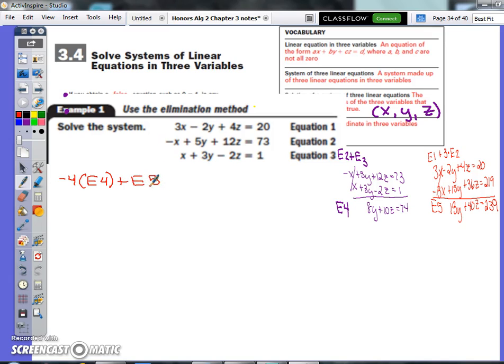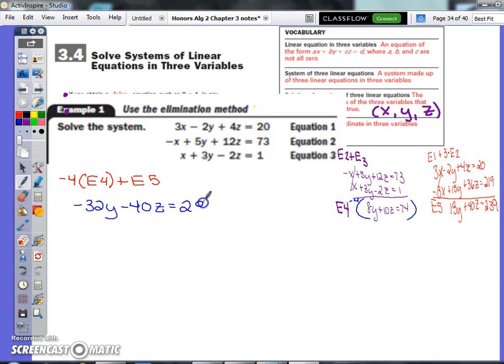The hardest thing to do, or maybe the easiest, is to take the time to do this right. Don't lose your sign. So we have negative 32y, because remember we're multiplying by a negative 4, minus 40z equals 296.